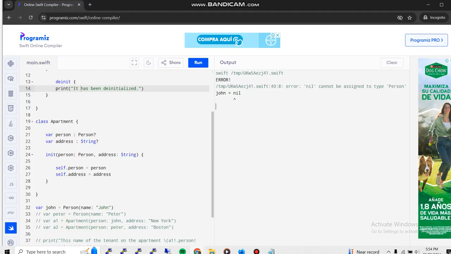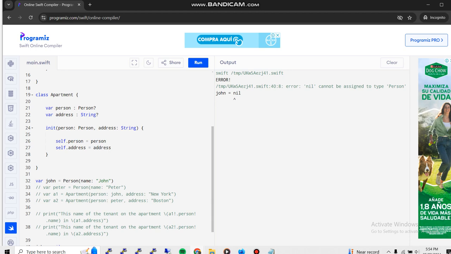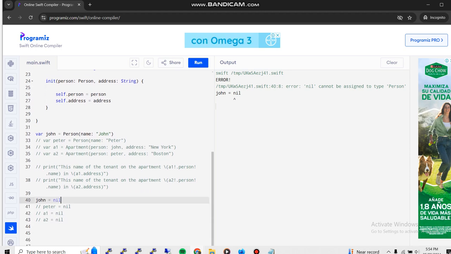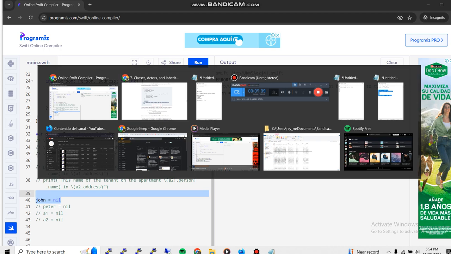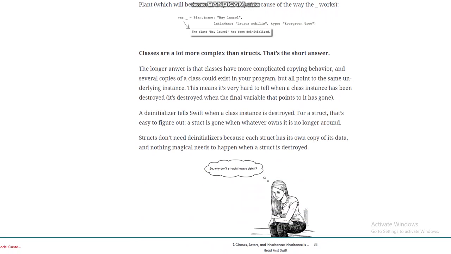That's the way, and also Swift recommends it, to release the memory. Just remember that. A class is more complex than a struct. The long answer is that a class has more complex copy behavior, and also several copies of a class could exist in the program and point to the same underlying instance.